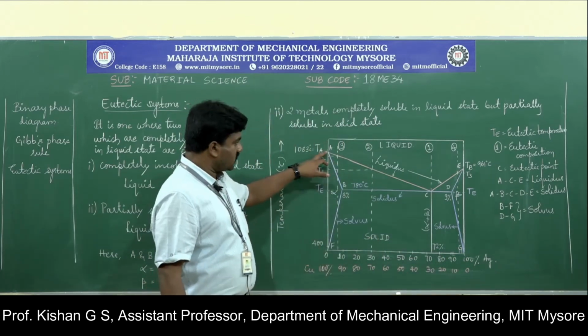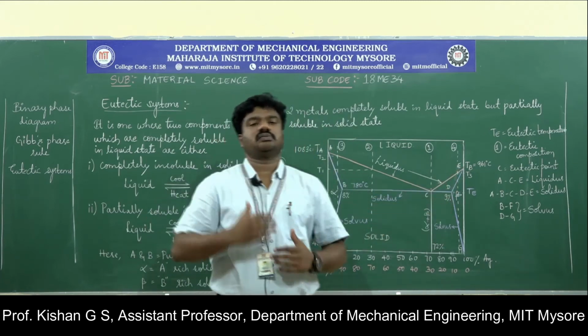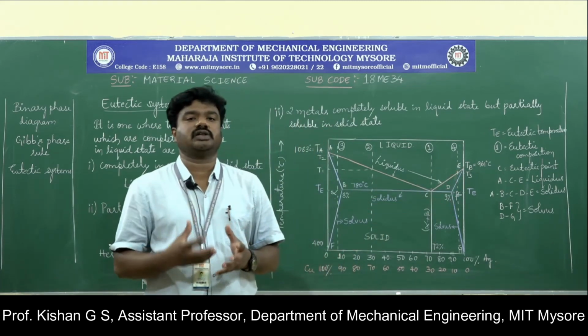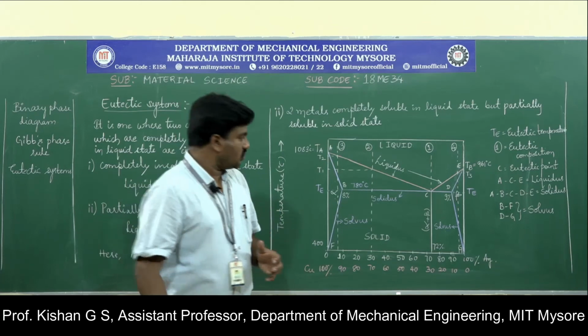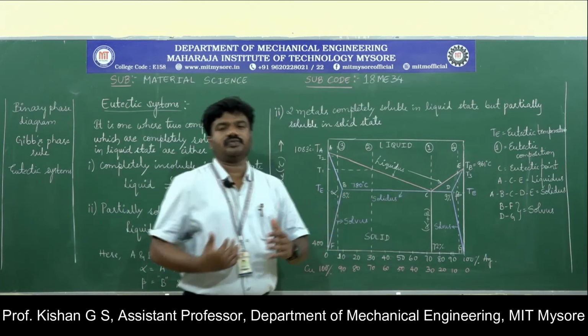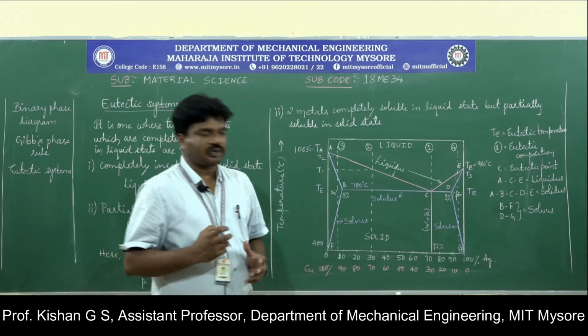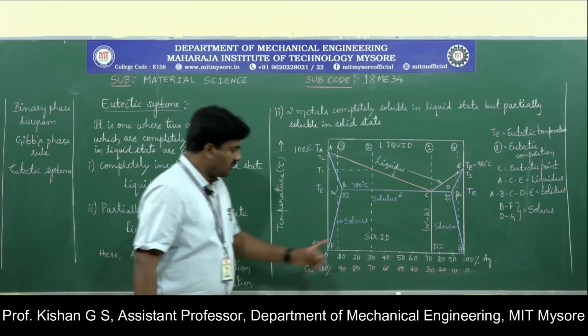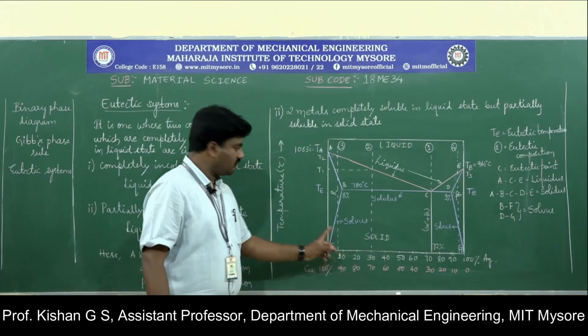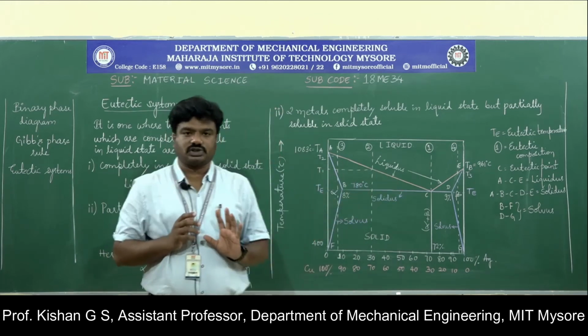This line represents the liquidus line, above which the material will be completely soluble in the liquid state. The line here is the solidus line, below which the entire material combination will be solid in its structure. Here you have to observe that the solid structure will be represented beneath the solvus line, not for the entire representation of composition.